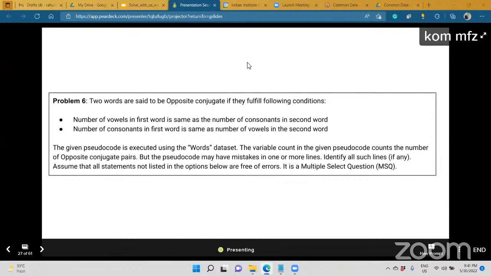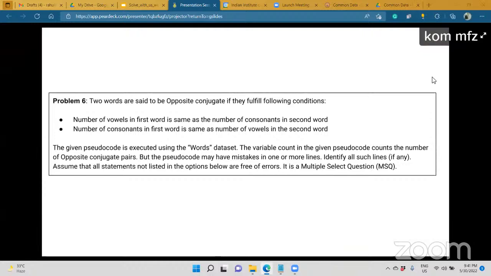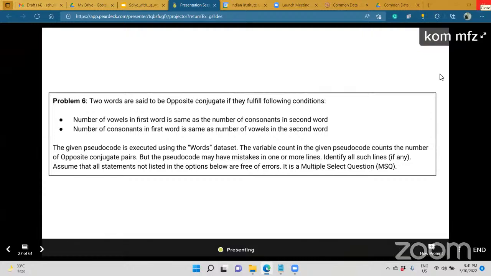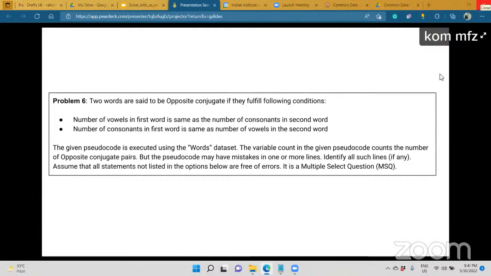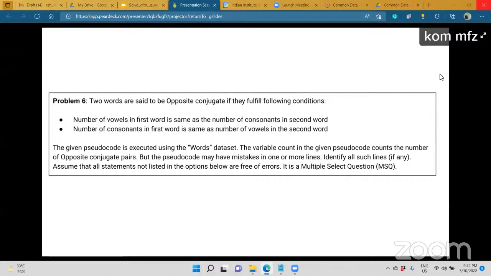Okay, you mean error-based questions. Yes, sir, that is the toughest one.